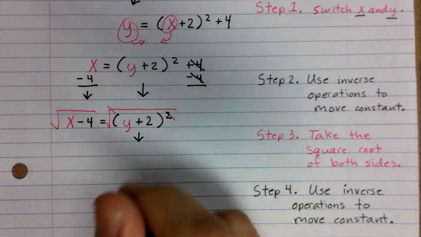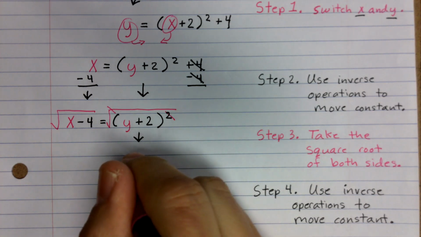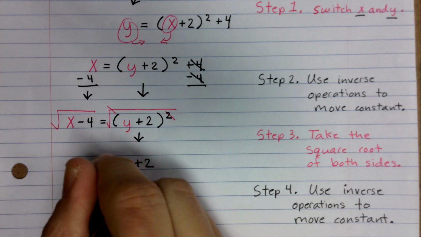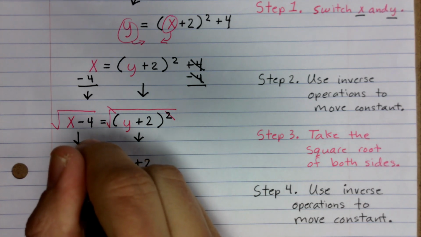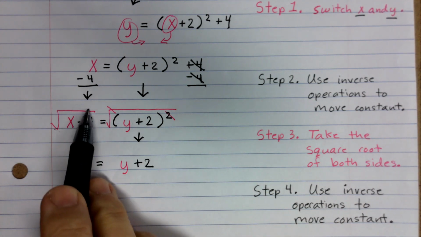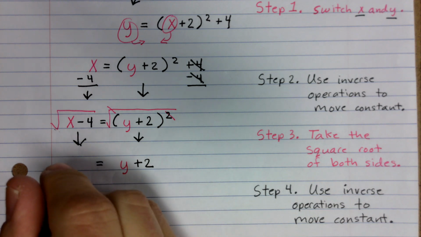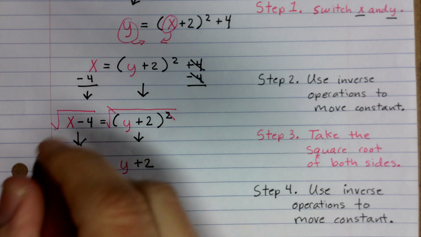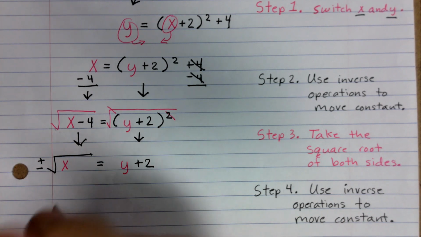And this simply becomes y plus 2. Over here on the left, I'm simply going to bring this down. And remember that whenever we're taking the square root of something, there is a positive and negative value. So it's plus or minus the square root of x minus 4.